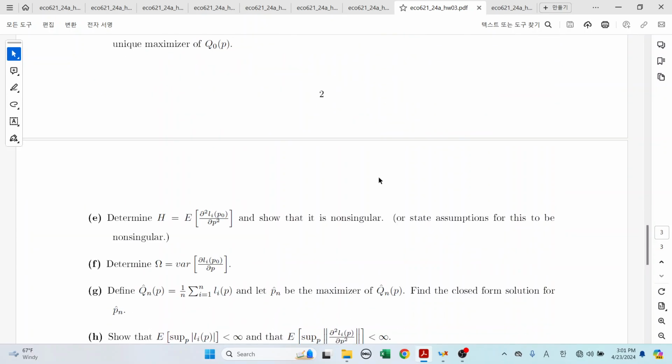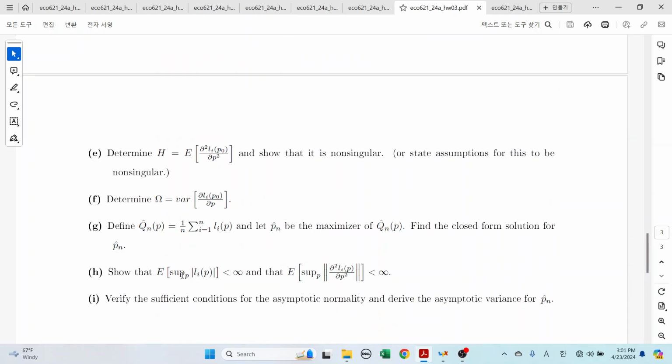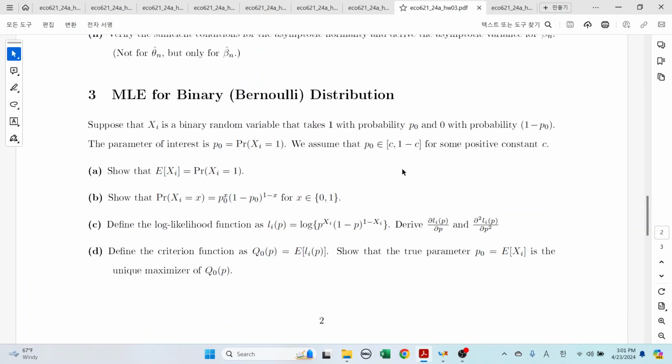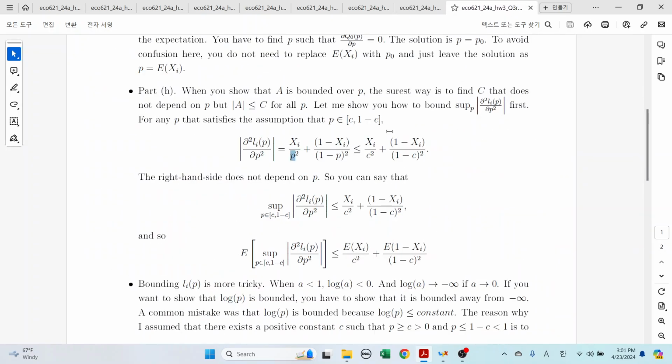Of course, the notation here is not perfect because this P should be restricted to this interval, right? So under this assumption, it is obvious 1 over P squared will be bounded by 1 over C squared. Similarly, 1 over 1 minus P squared will be bounded by 1 over 1 minus C squared.